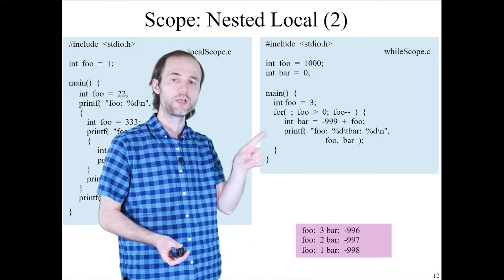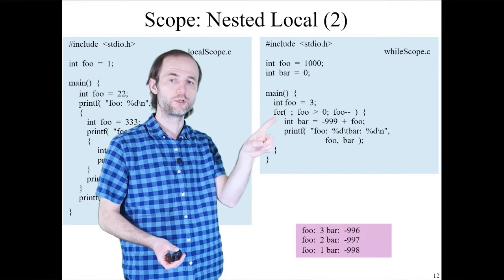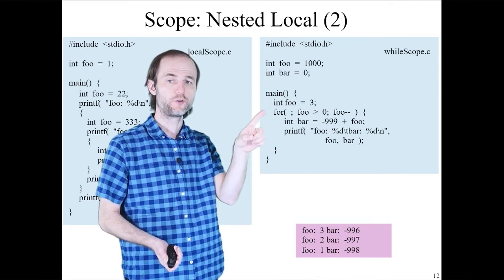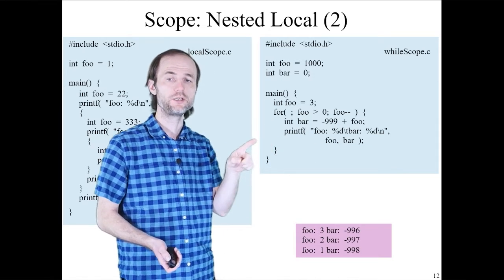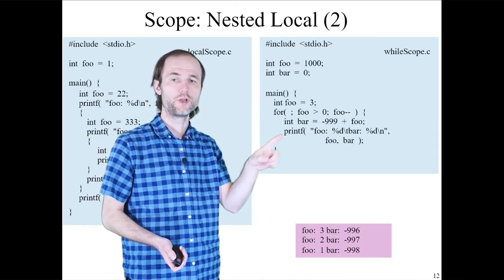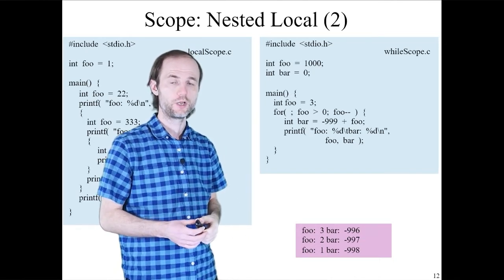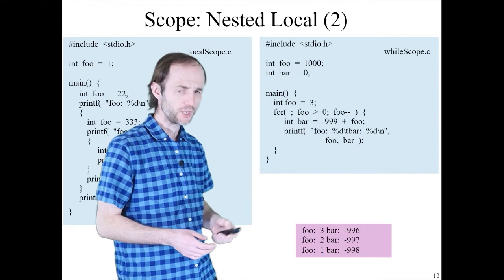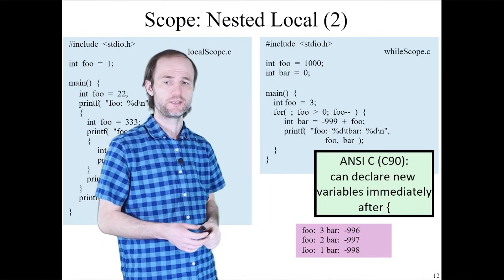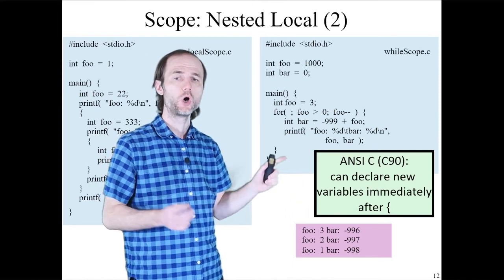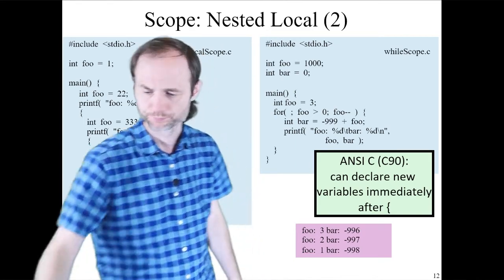And as you can see, the global variable foo will be completely shadowed, or overshadowed, you can say, by the local variable foo, and the variable bar that was declared in the innermost scope of the for loop will shadow the variable bar that was declared in the global scope. So this is all within the ANSI C or C90 standard, where you can declare variables only immediately after an open curly brace.